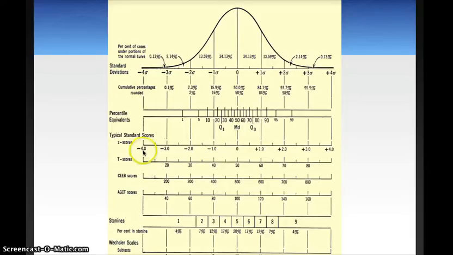So let's go down here where we have z-scores. In the middle here the average is 0. A z-score of 0 is the average. And then -1 standard deviation is a z-score of -1. +1 standard deviation is a z-score of +1. +2 standard deviations is a z-score of +2.